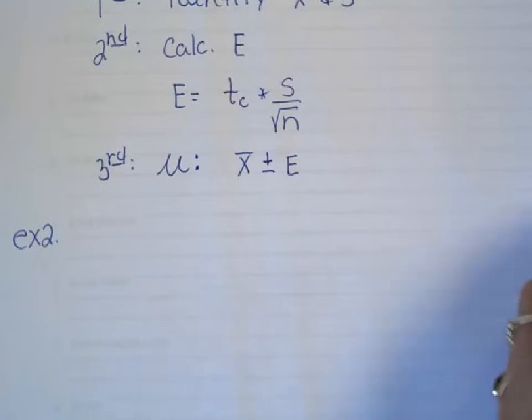All right, let's see. N is 30, that's a large sample. So you go back to the Z section. There is one little catch here later on, but I don't want to make you nervous yet. Let's get the example going here.